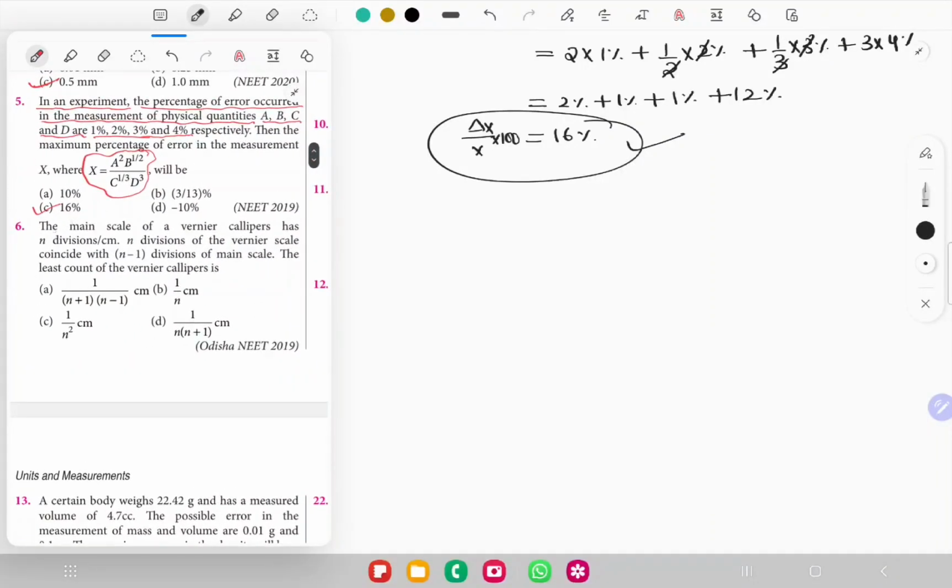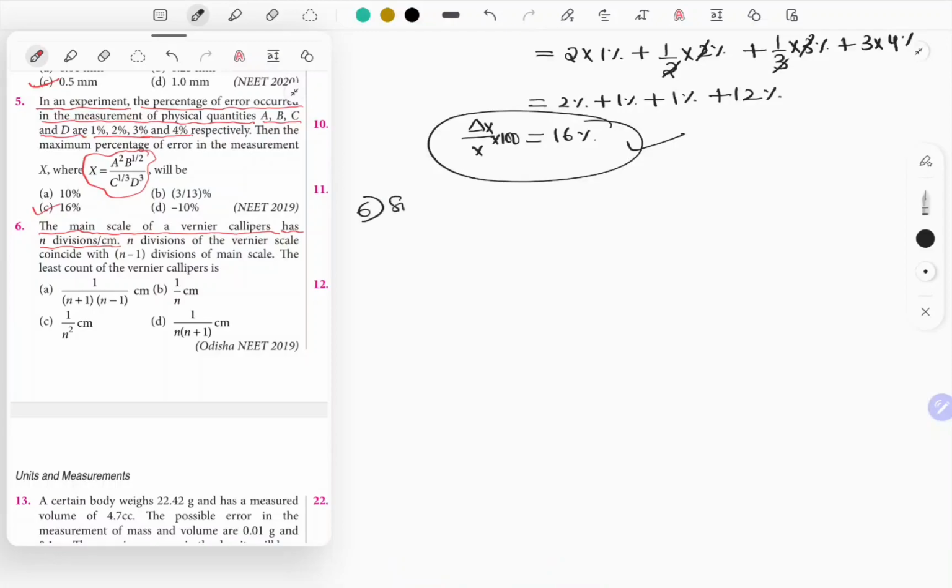What is the question they have given? This question is based on vernier calipers. The main scale of vernier calipers has n divisions per centimeter. First of all, let me represent the given data perfectly.